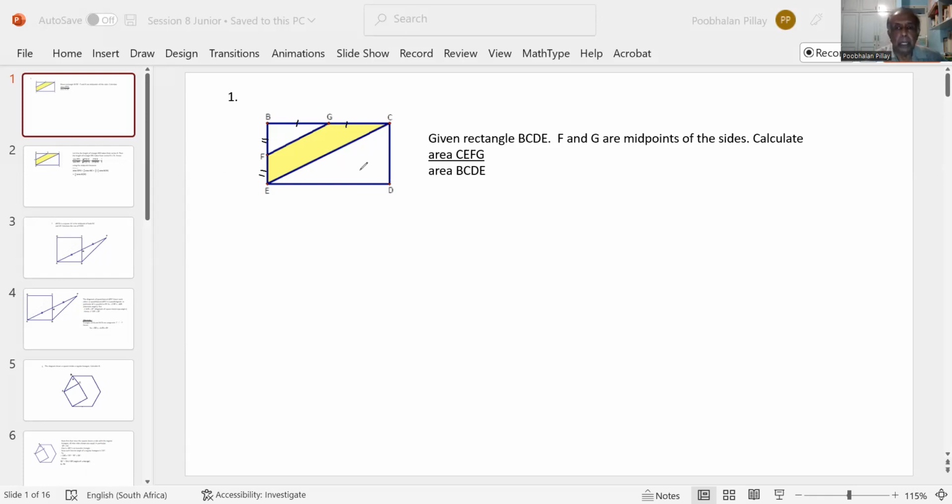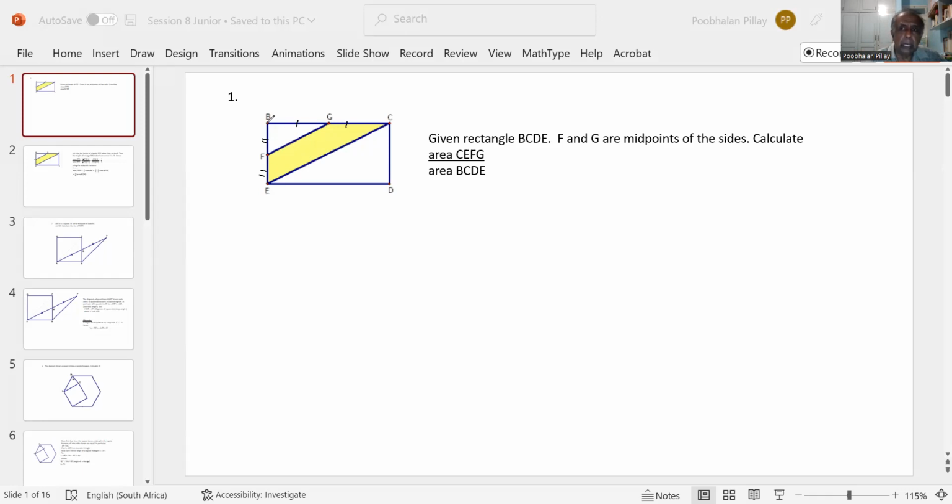All right. Now, this is a trapezium here, right? And we know the area of a trapezium. But I want to say a little bit more than that because the midpoint theorem comes in here. So we need to draw the height of the trapezium.